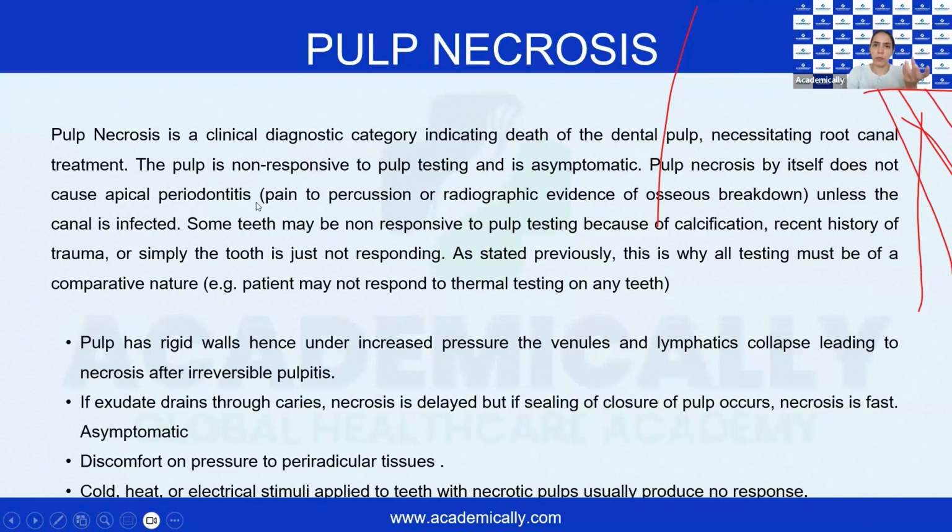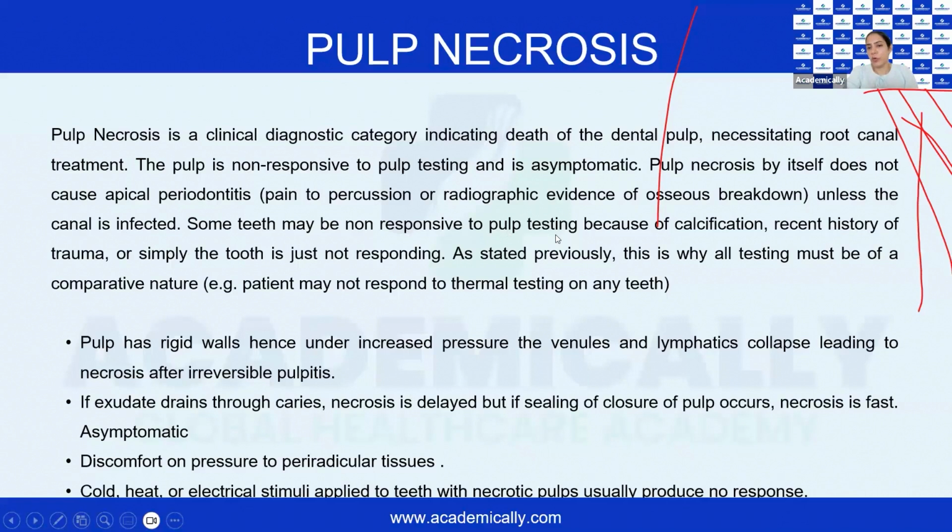The death of the pulpal tissue doesn't mean it is causing periapical radiolucency, which we call apical periodontitis, or pain on percussion, unless the canal is infected. So the root canal gets infected and takes the inflammation deeper into the periapical region, and then it becomes periapical or apical periodontitis.